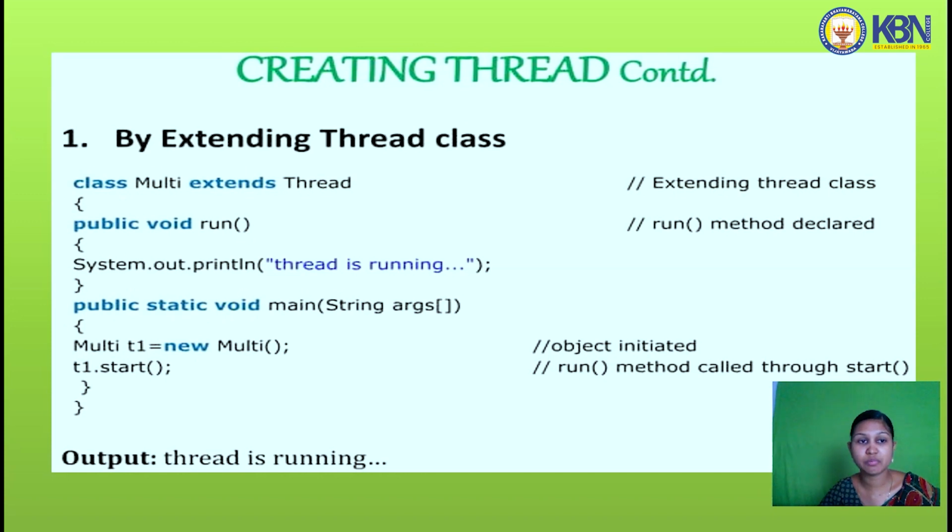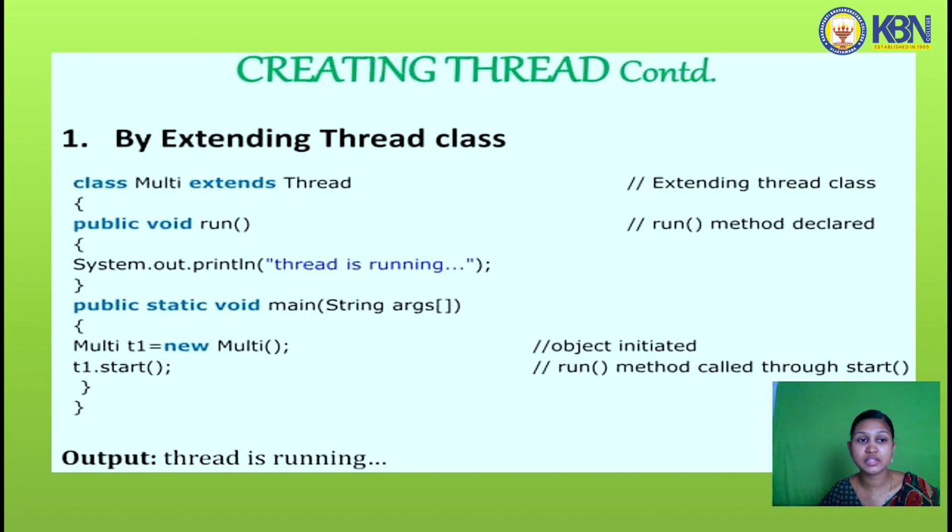Let's see the example. I take Multi as the child class and extend the parent class, Thread. All the properties of the parent class go to the child class. Here Multi is the child class and Thread is the parent class.